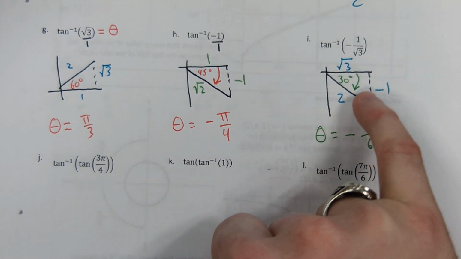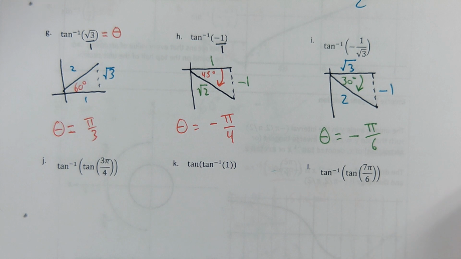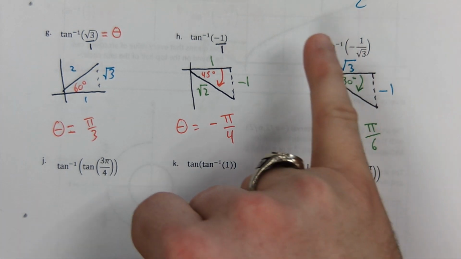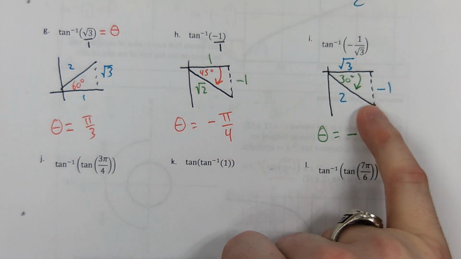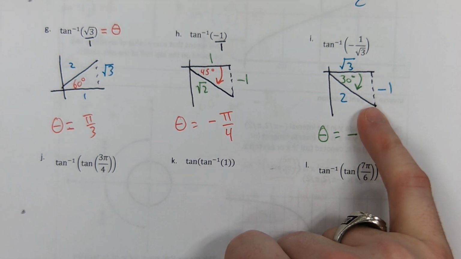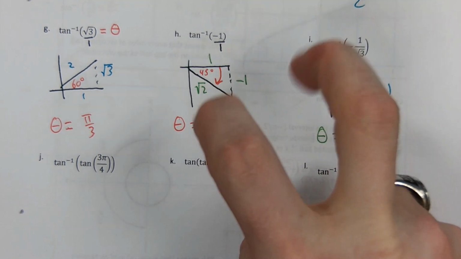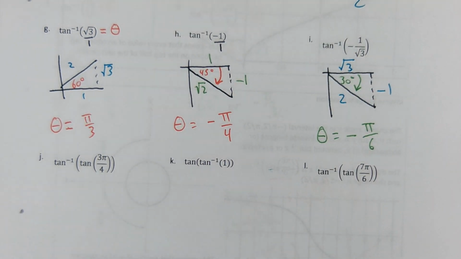Tangent inverse tries to stay close to home. If it had just said tangent of theta is -1 over root 3, there would have been 2 places that could have occurred, quadrant 2 or quadrant 4. But because it specifically says tangent inverse, our range only allows quadrant 1 or quadrant -1. Okay?